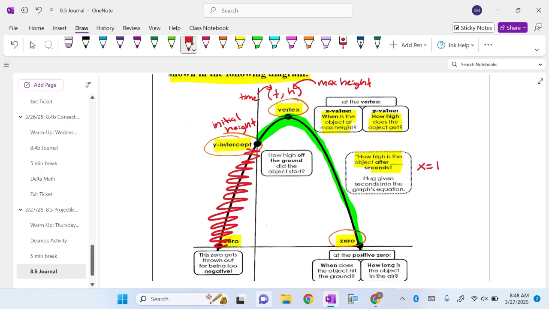Or you can think about it as t equals that number, because that's the time they gave you. It would create a vertical line. The point of intersection would give you the height after that many seconds. The y value of that point of intersection would give you the height. So again, if you're looking at the point (t, h), you care about the h.